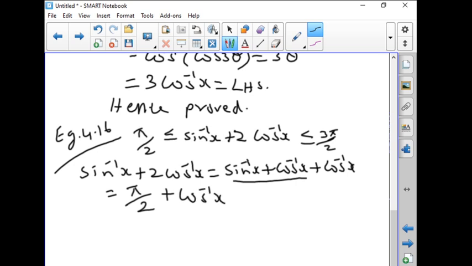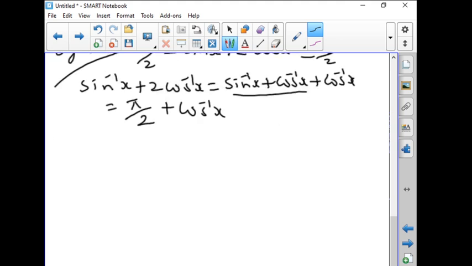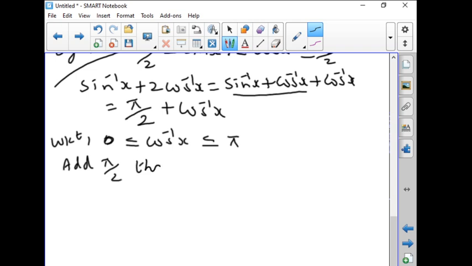So now we also know that 0 is less than or equal to cos inverse of x less than or equal to pi. That is the domain of cos inverse of x. So here you add pi by 2 throughout.